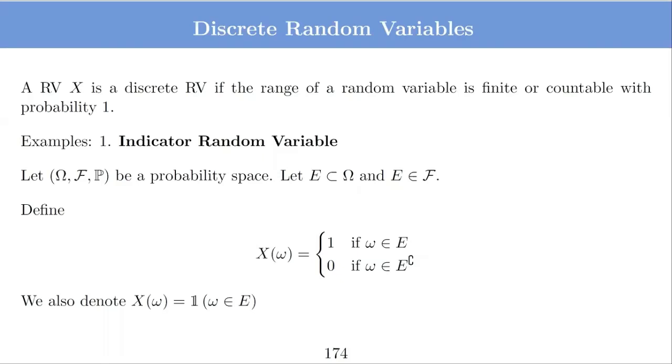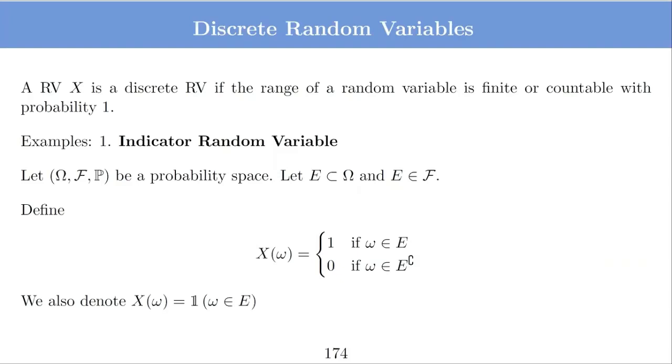Now what can be the example of this? Let's see one, which is the indicator random variable. Let (omega, F, P) be a probability space, and let us assume E is a subset of omega. So E is some event which is in the sigma algebra F. Then the indicator of this event is a random variable which is defined as X of omega is 1 if omega is in E and 0 if omega is in E complement.